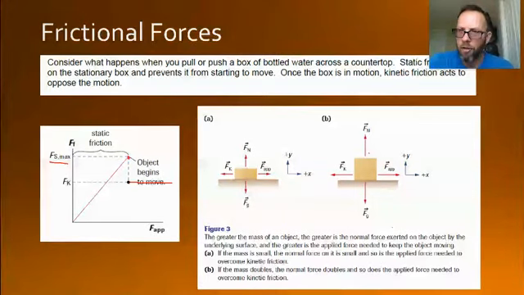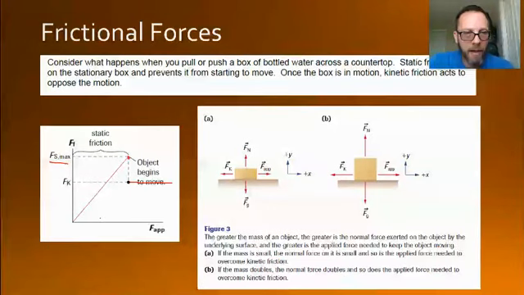And the larger the normal force, the greater the applied force you need to keep that object moving. So if the mass is small, you get a small normal force, and you don't need a large applied force to overcome kinetic friction. But if you have a larger mass, like it doubles, so does the normal force and the applied force as well.